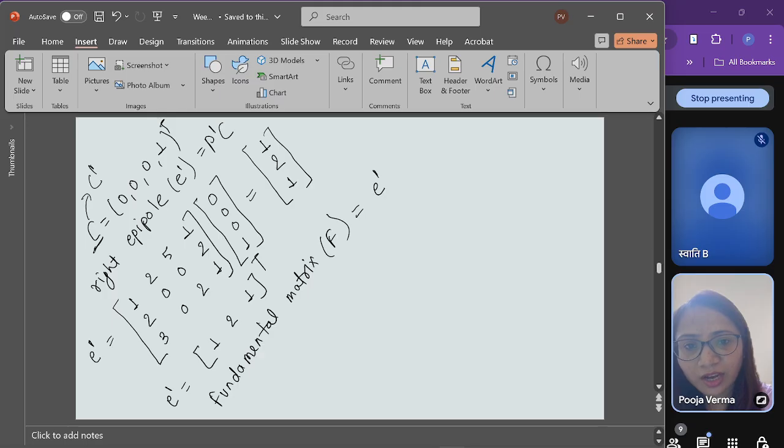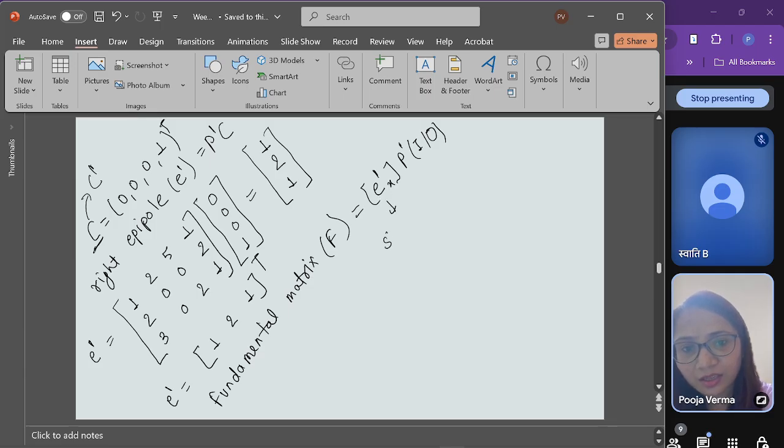It can be calculated by E dash cross, E dash times P dash P inverse, right? Where E dash cross, what is this E dash cross?